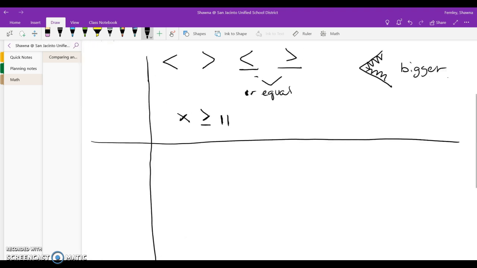Here are some terms that will help you define whether or not it is greater than or less than or equal to. So we've got greater than, and the terms are also going to be greater than, less than, equal to. One of the terms for greater than would be more than.